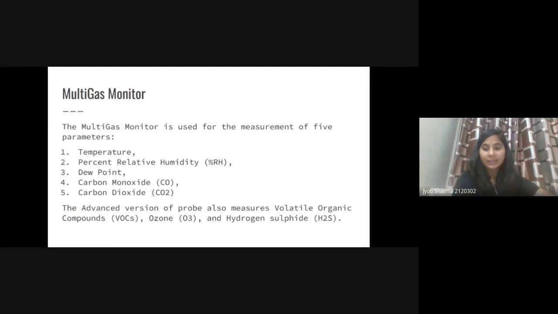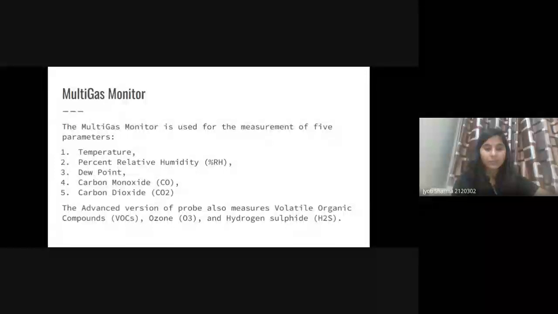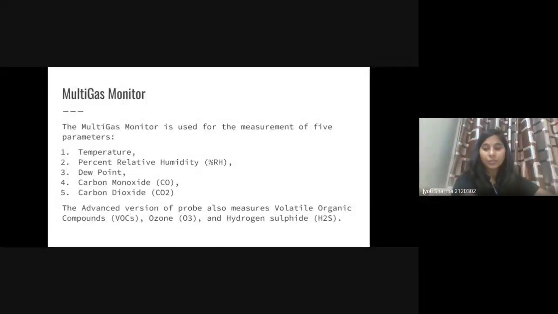But it can't measure sulfur dioxide right now, so we don't have such an instrument that is ready to use indoors to measure sulfur dioxide. So sulfur dioxide should not be among that answer, so A is the right answer.